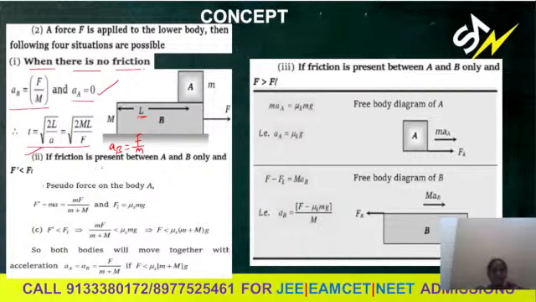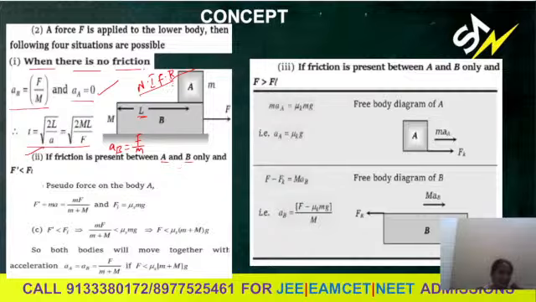Now the second case: friction is present between A and B only and applied force is less than limiting friction. In this situation, block A's motion can be described with respect to B, a non-inertial frame of reference, because now B is the reference frame, which is accelerating with F by M. So object motion with respect to an accelerated frame is a non-inertial frame.